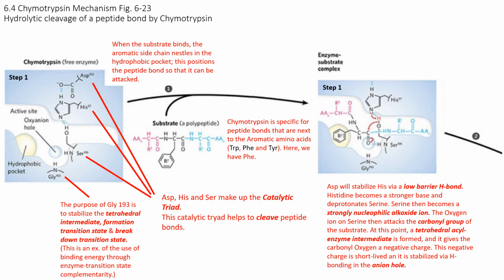The purpose of glycine 193 is to stabilize the tetrahedral intermediate formation transition state and breakdown transition state. This is an example of the use of binding energy through enzyme transition state complementarity. And this glycine is on the backbone of chymotrypsin. Don't forget, we also have the oxyanion hole and the hydrophobic pocket.